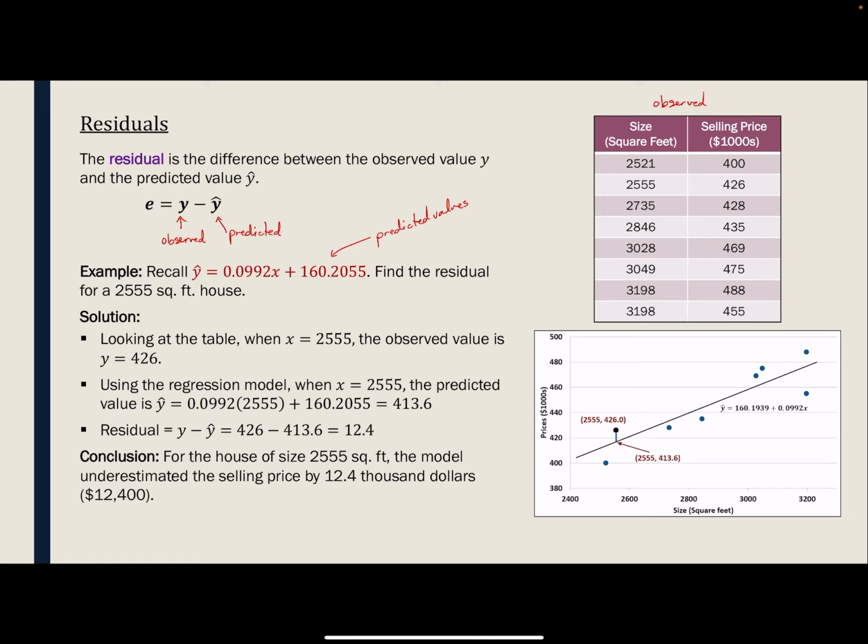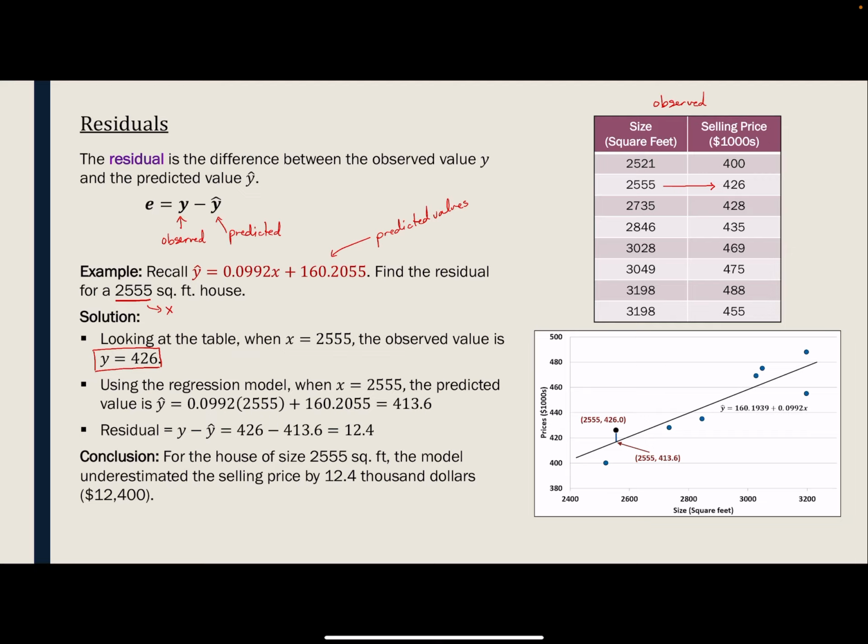So for example, say I want to find the residual for a home that is 2,555 square feet. Well, this is the size, so this is our x value here. And if I look at the x value for 2,555, I can see that the observed y value is 426. So looking at the table, I see that y equals 426.